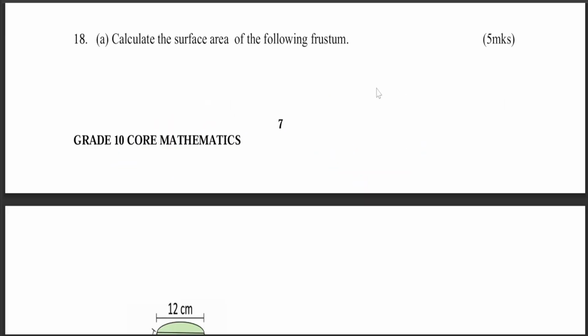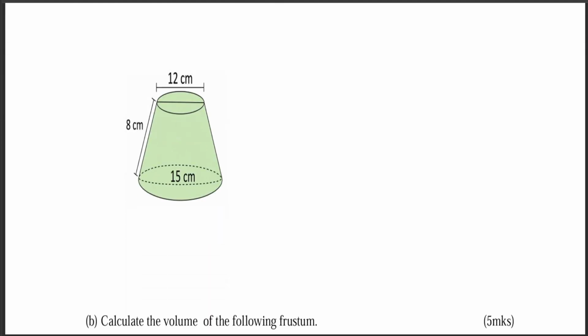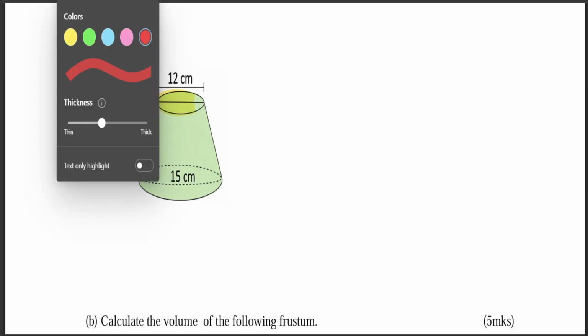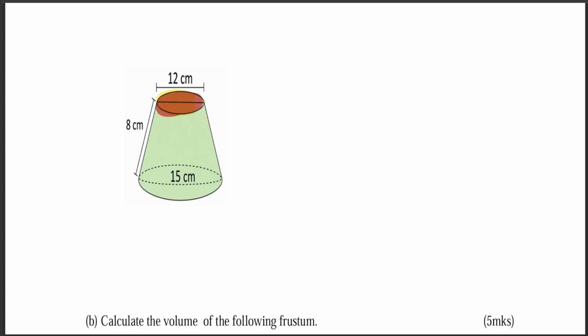Alhamdulillah. Question 18. Calculate the surface area of the following frustum. And this is our frustum that we have here, which is a very simple question with a simple answer. So the area of this frustum is given by the area of these two circles.